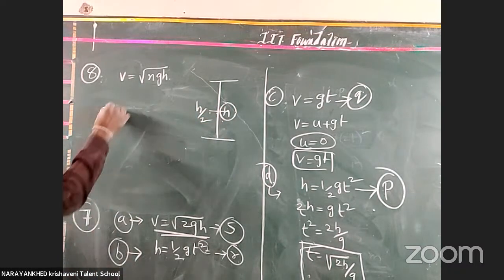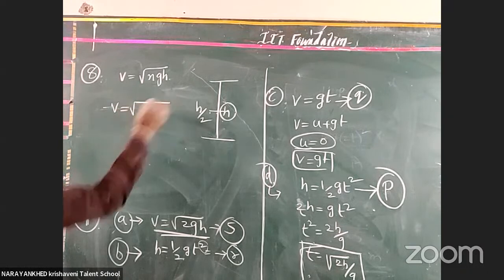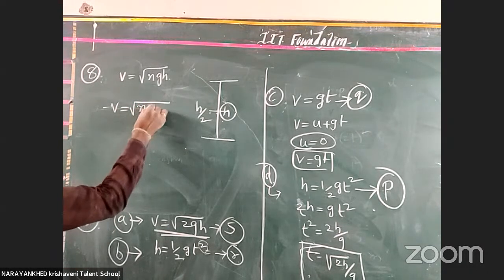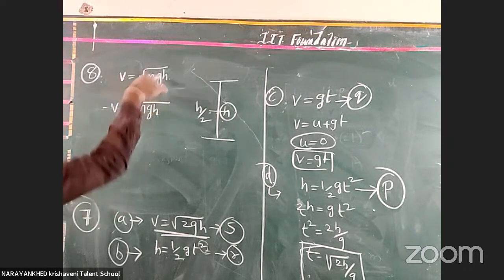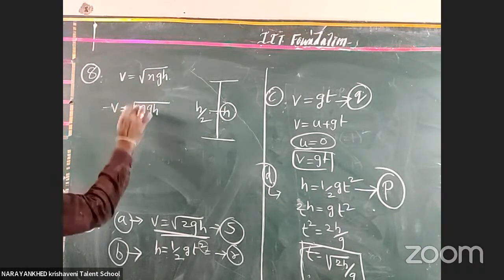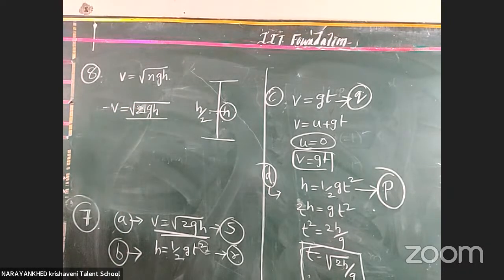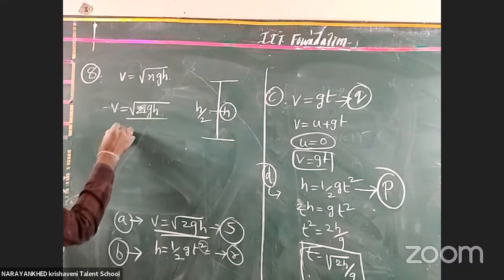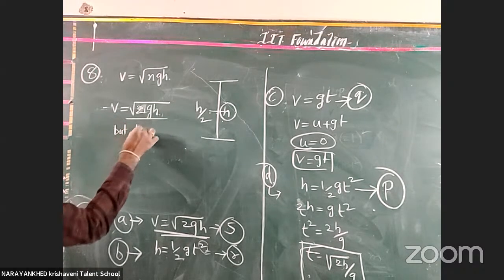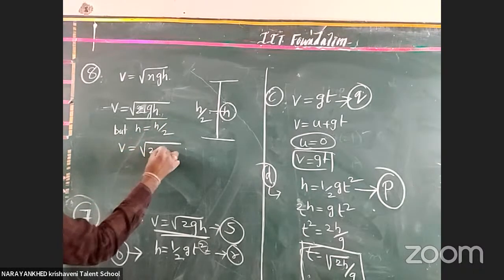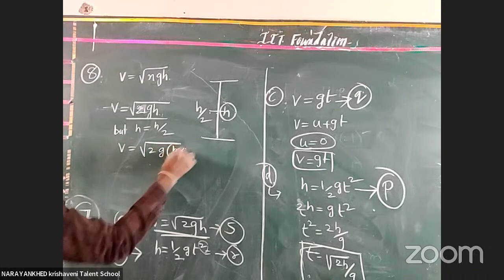You know very well the velocity is under root 2gh when it reaches the ground. Here h is equal to H by 2, so v is equal to under root 2g into H by 2.